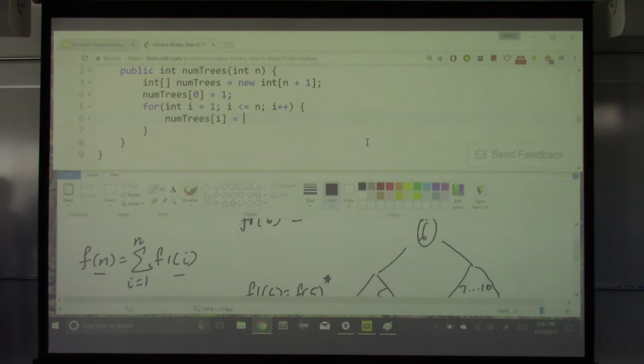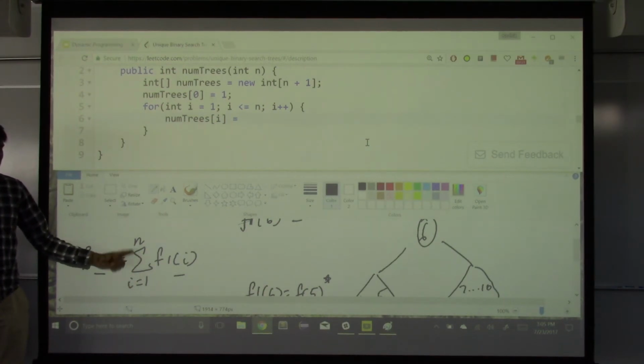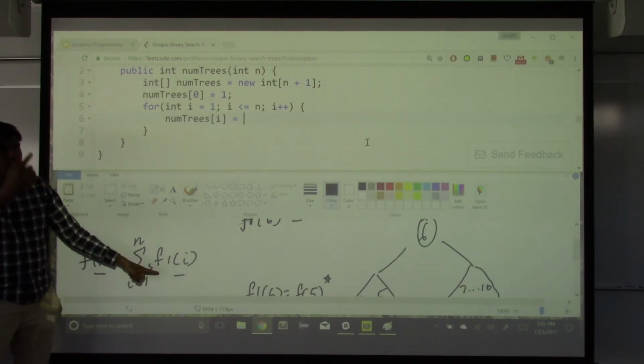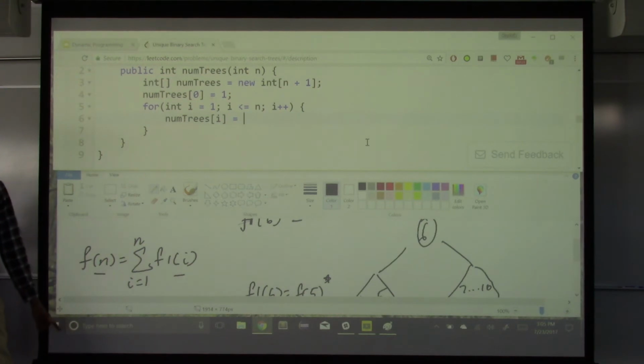Now it makes sense. It's two for loops, because in f of n, I conveniently assumed that I have f of 1 to n minus 1, but I need to calculate those as well. Each f depends on the past f's. So do you guys get why we need two for loops?